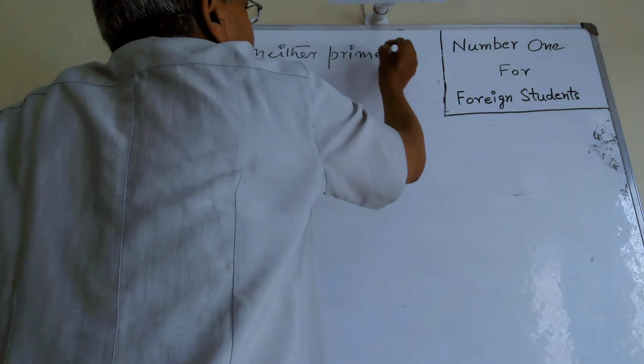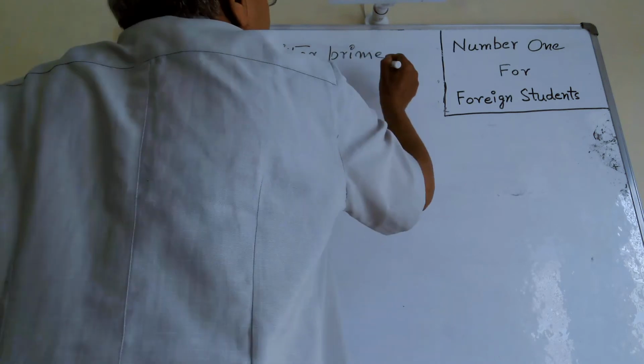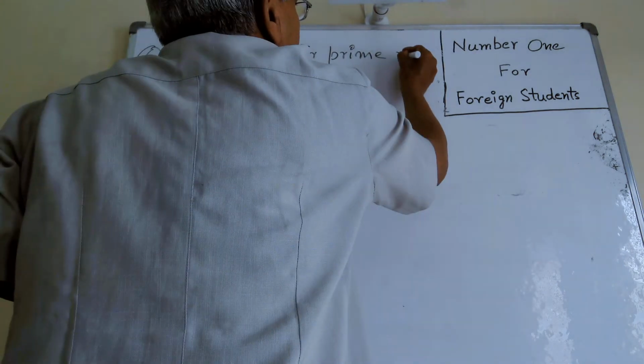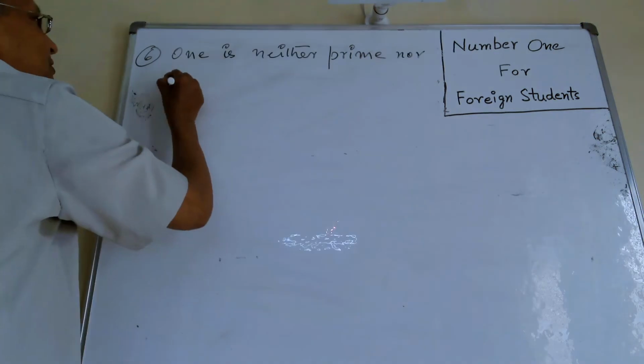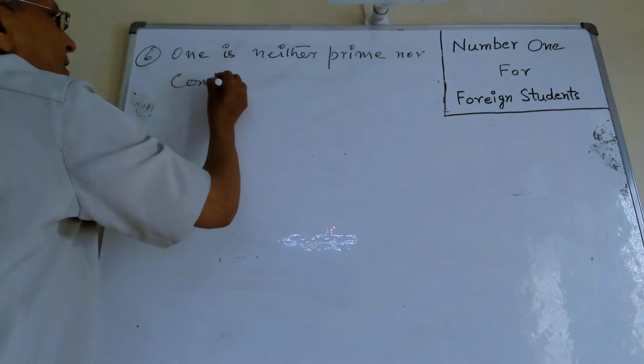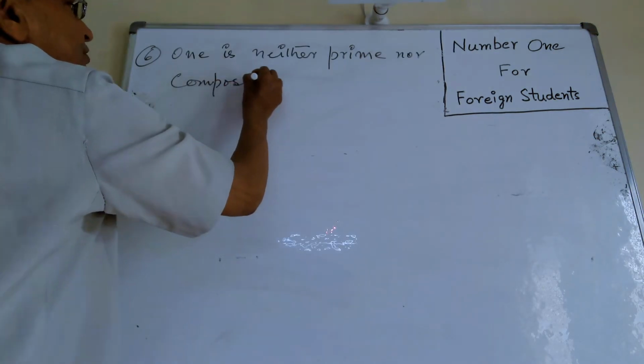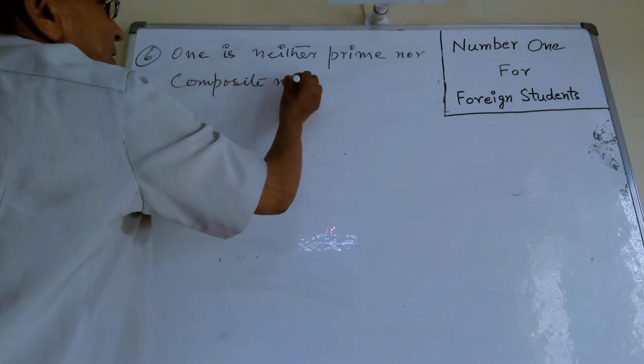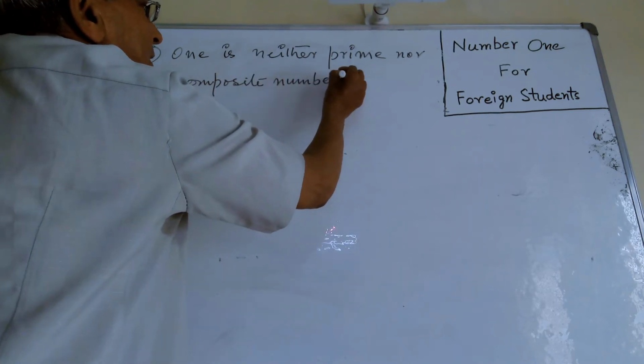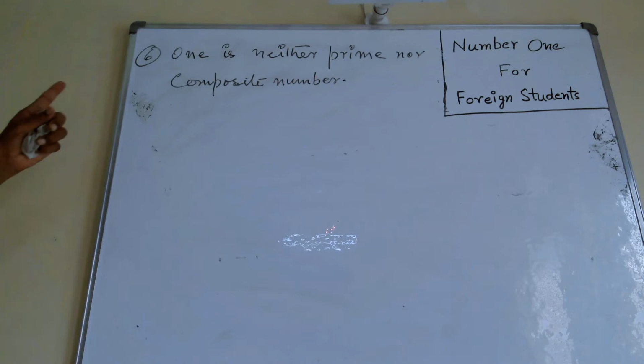Most important property, my dear student: 1 is neither prime nor composite number.